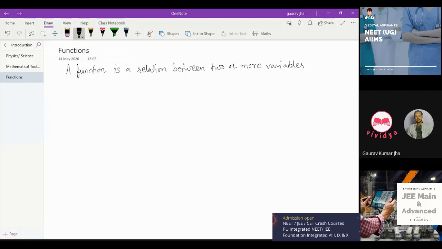Or you can say, in a simpler thought, it is a relation between a dependent variable and an independent variable.